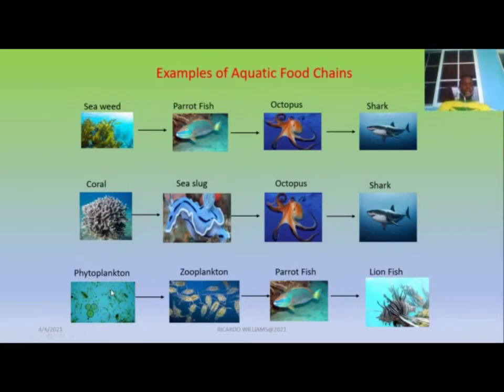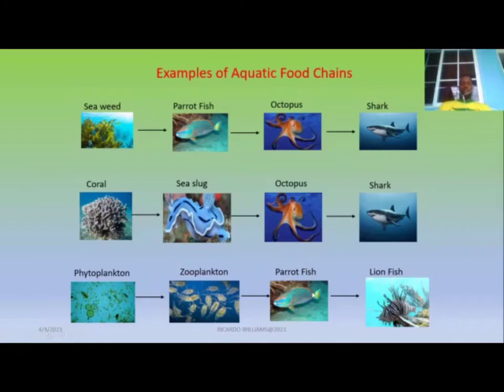I want you to pay special attention to the term phytoplankton, which refers to a microscopic form of plant that exists in the oceans. Those phytoplankton are usually fed on by a particular set of herbivores we call zooplankton.